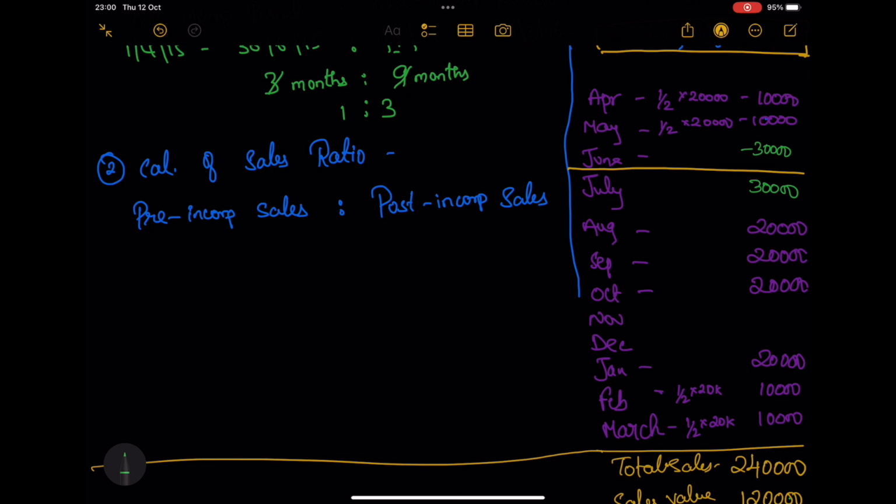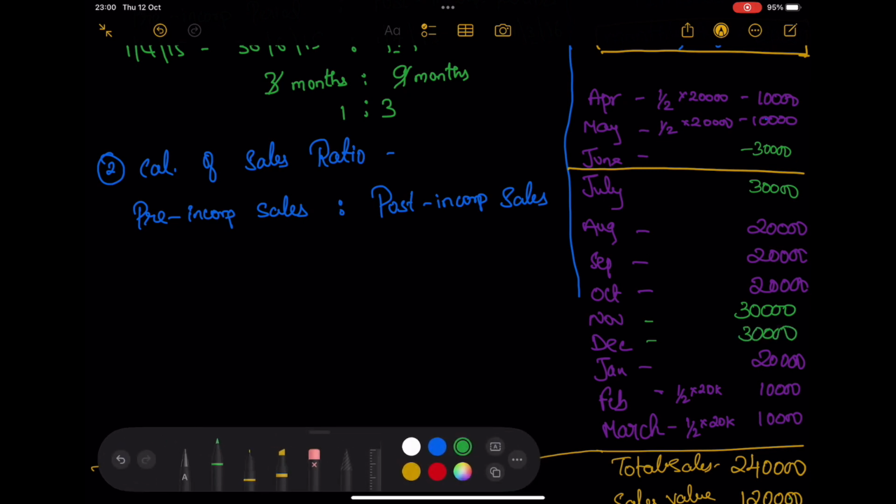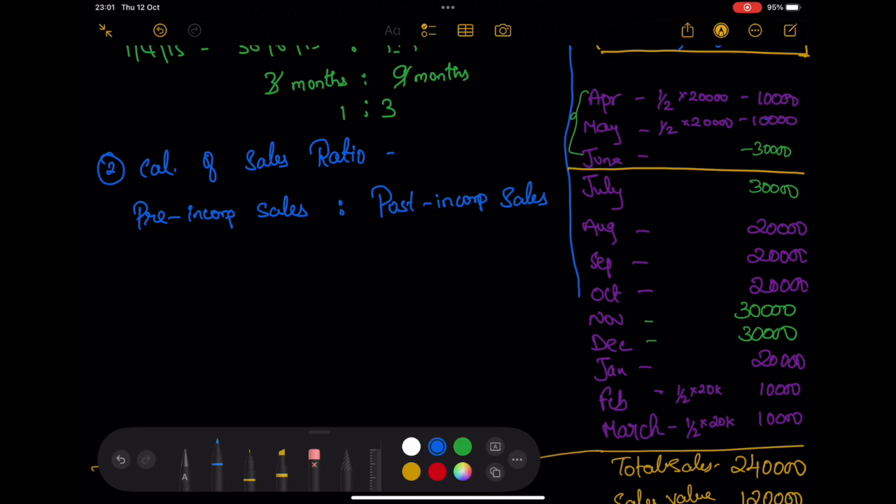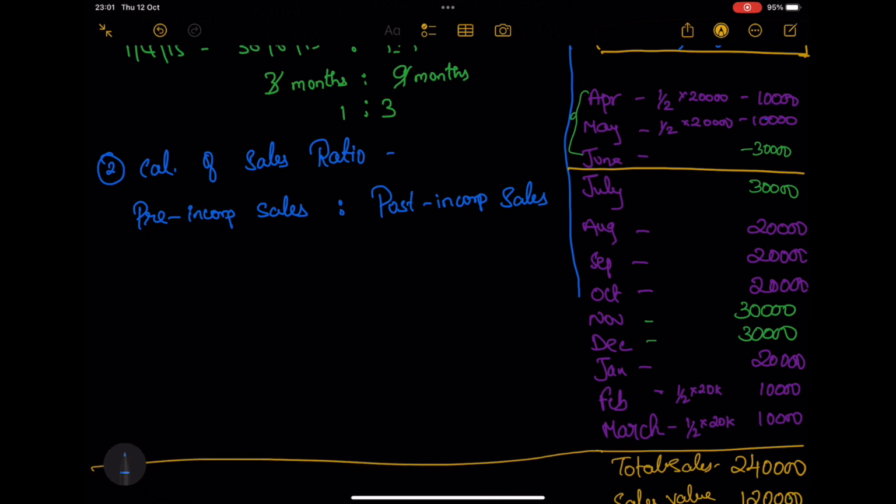August we already calculated, and November, December it will be 30,000. So we got the total months' sales value. Now we are supposed to add pre-incorporation sales and post-incorporation sales. So now we have to add it.